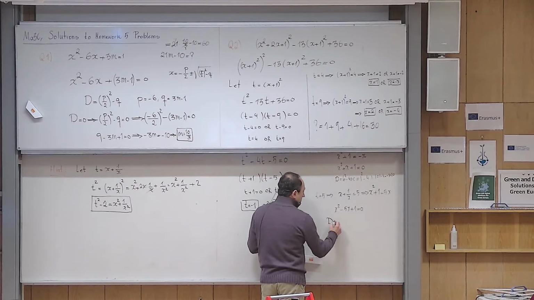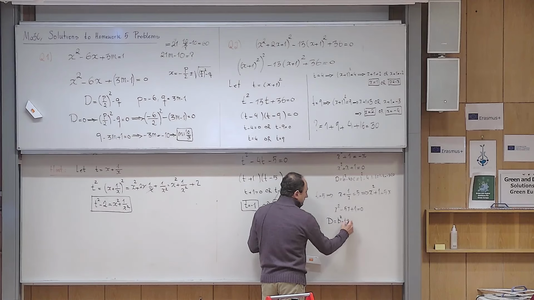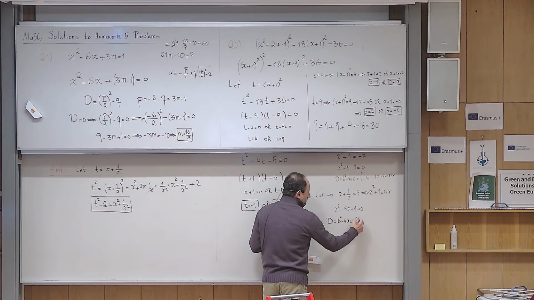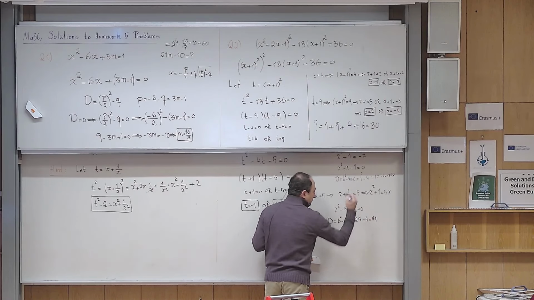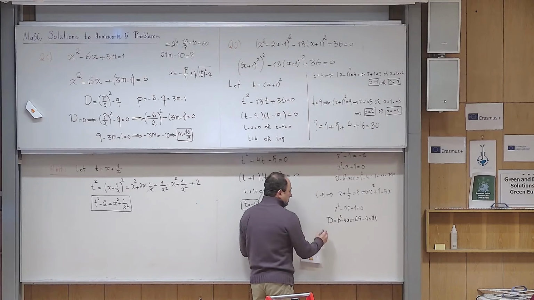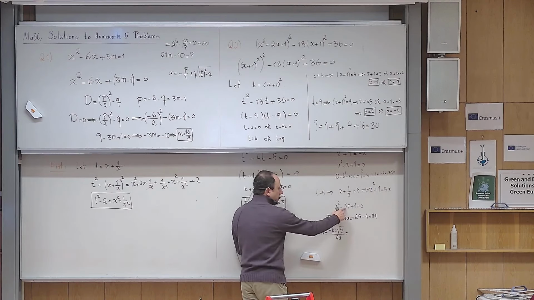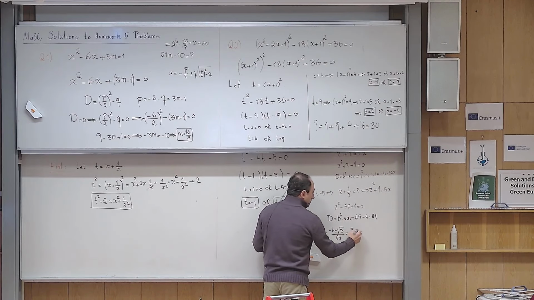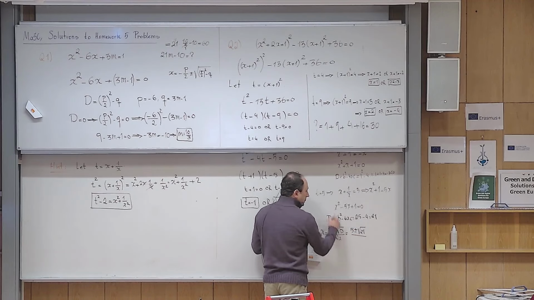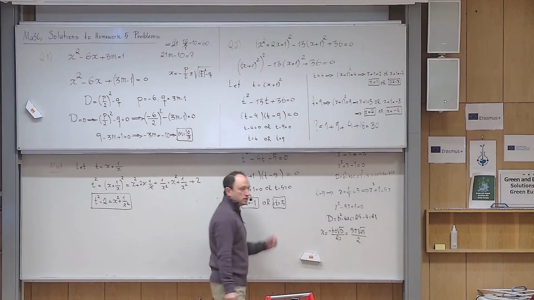So D is b squared minus 4ac. So b squared is 25, minus 4 times this times that, which is 4, is 21. Okay, so x becomes minus b plus or minus the square root of the discriminant divided by 2a. This is the ABC formula. So minus b becomes positive 5 plus or minus the square root of 21 divided by 2 times a, which is 2. So I get two answers.